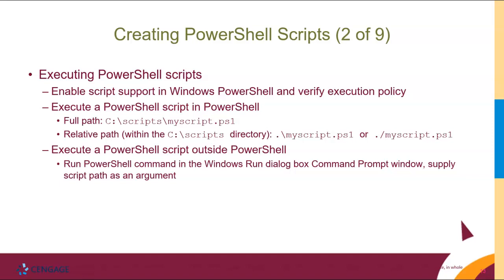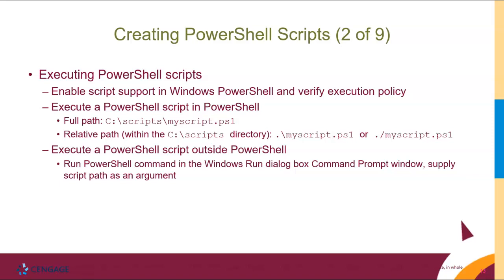So how do you execute the PowerShell script? You enable script support in Windows PowerShell and verify the execution policy, which we'll go over in our session for Lab 10.1. And then you execute a PowerShell script in PowerShell. Basically, you open up PowerShell from the Start menu, and then you go to your path using regular old DOS commands, or you can use the full path, or you can use the relative path depending on where you're at.